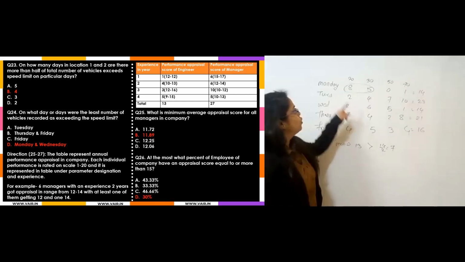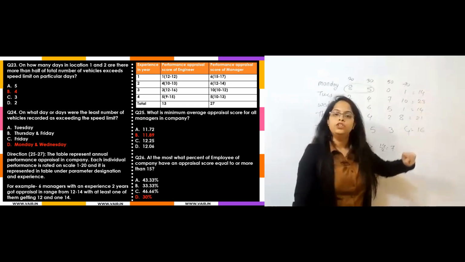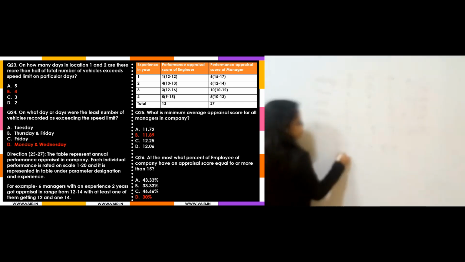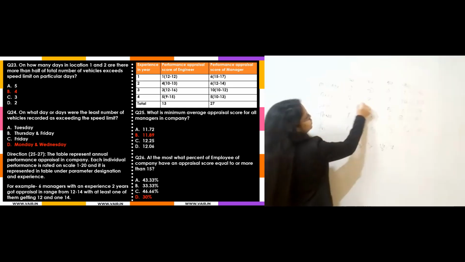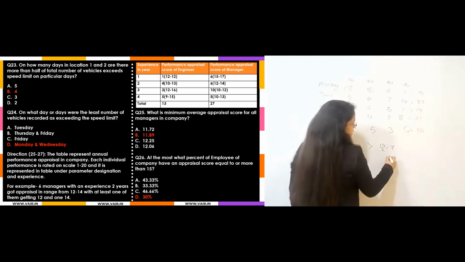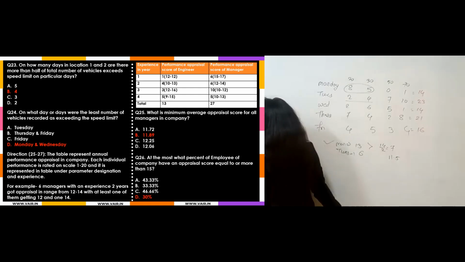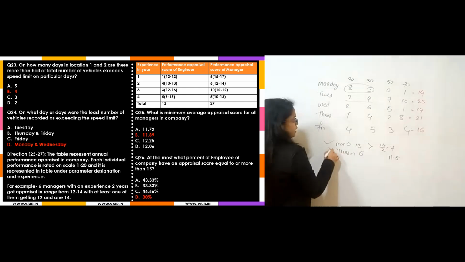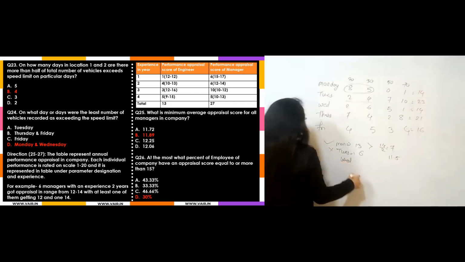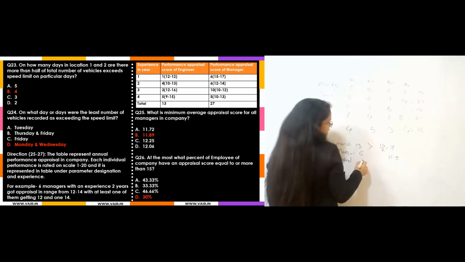What I know is that on the first and second location it should be more than half of the total. Then on Tuesday you can see on location 1 and 2 it is 2 plus 4, 6. And half of 23 is 11.5 something, right? So it is not acceptable. Then on the Wednesday, 2 plus 6 is 8.